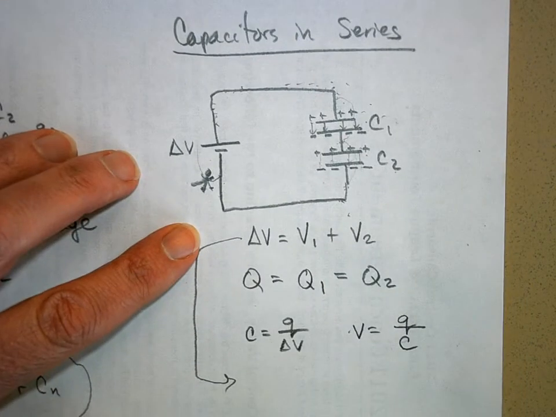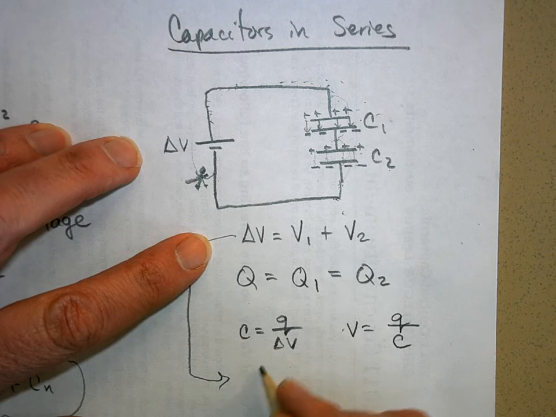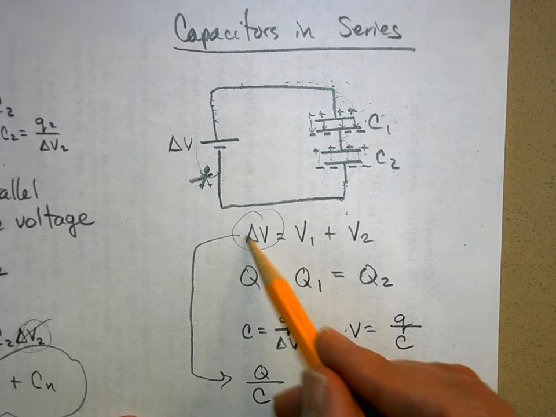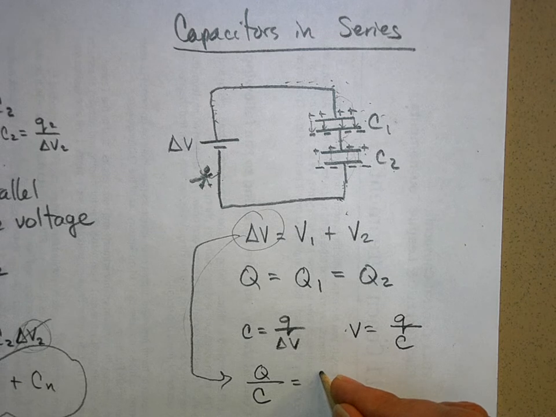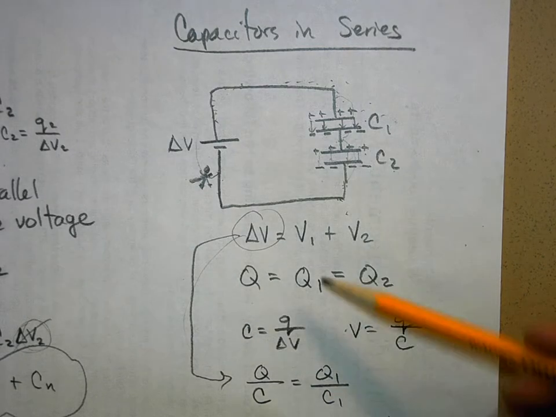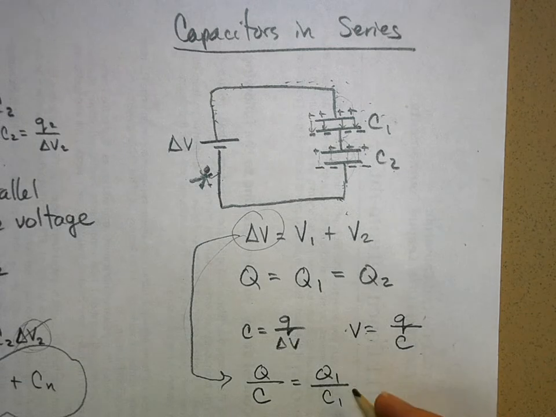Delta V overall is going to be equal to the total charge divided by the overall capacitance of the circuit. And then V1 is going to be equal to Q1 over C1, plus voltage number 2, which is just Q2 over C2.